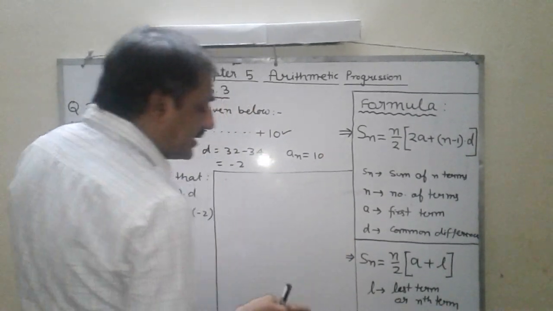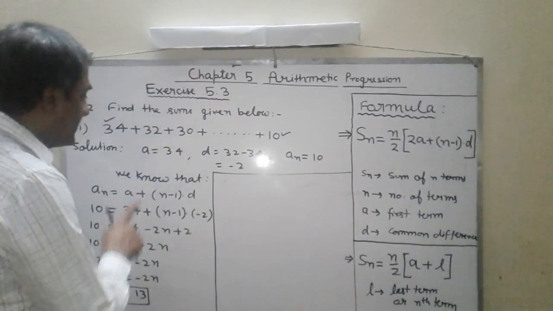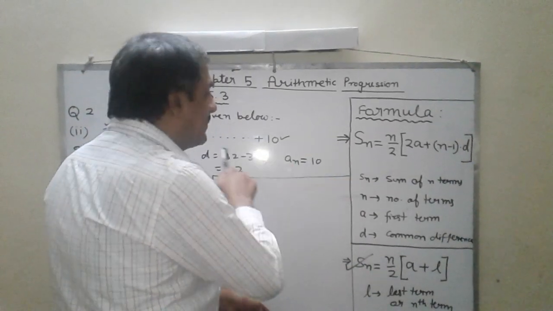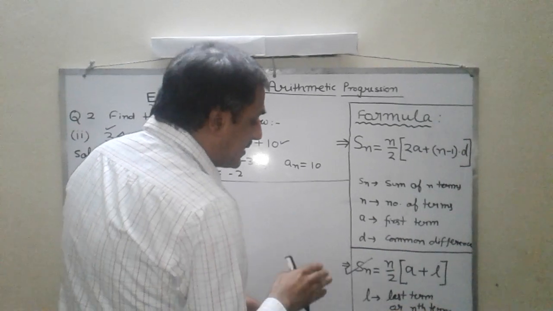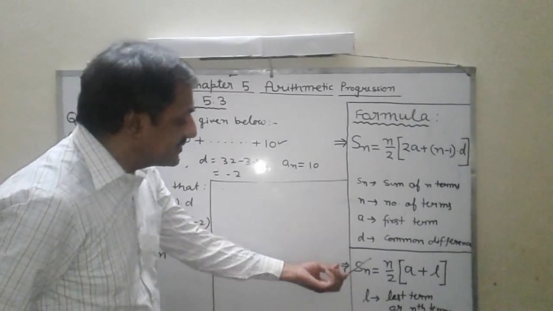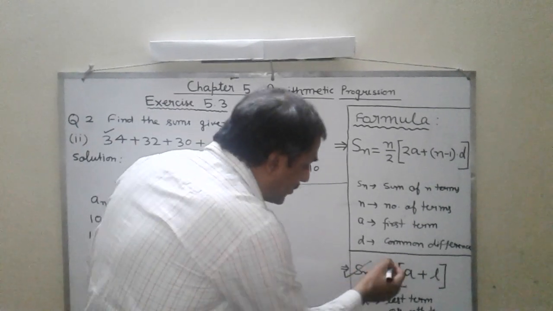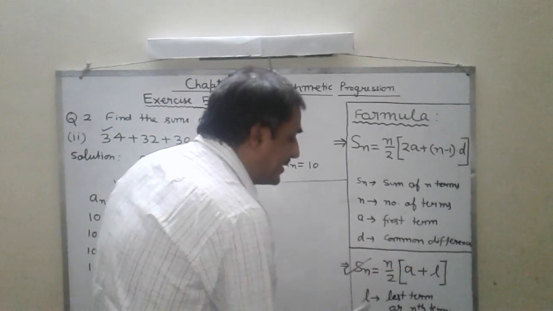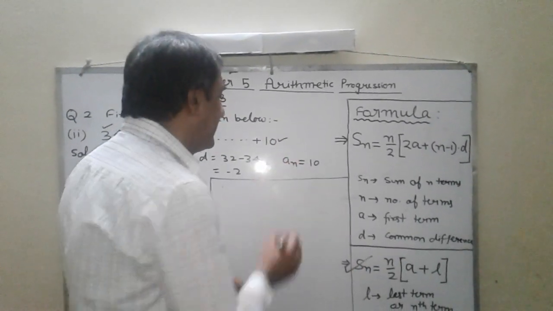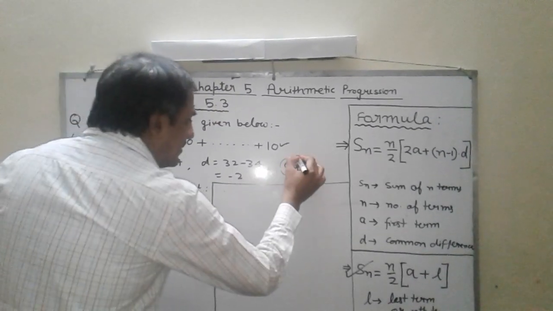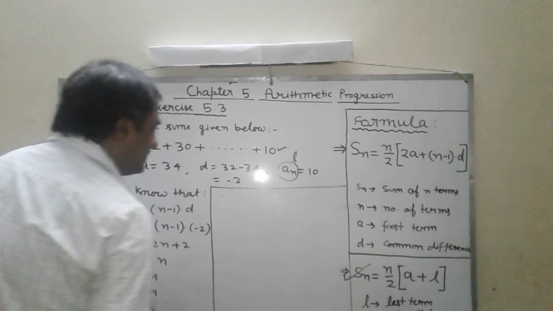But in this question, I am going to find the sum of this AP by using this formula. This formula is Sn is equal to n by 2 into a plus l. Here l is the last term, means an. an is the last term. This is the l.